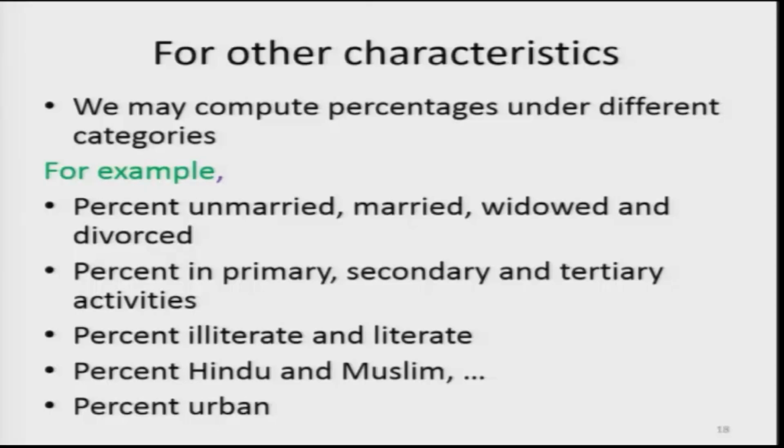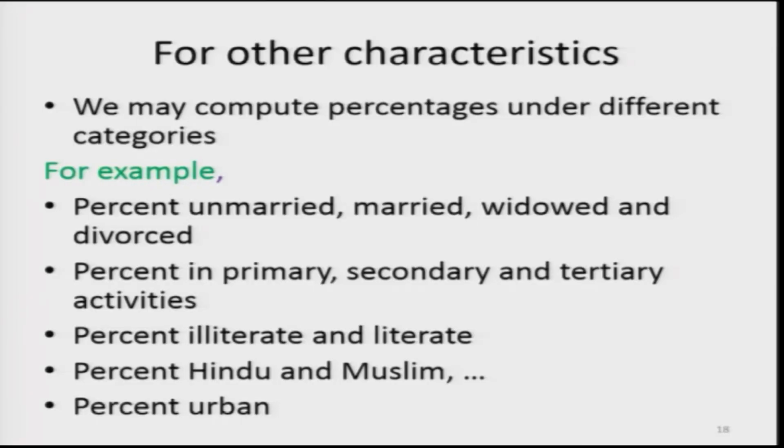For other characteristics, because I said that age composition is one part of composition of population, there are other factors according to which composition is studied: marriage, literacy, religion, etc. One of the simple things to describe composition of population according to these is to show percentages, frequency distribution of categories and the number of people belonging to those categories.